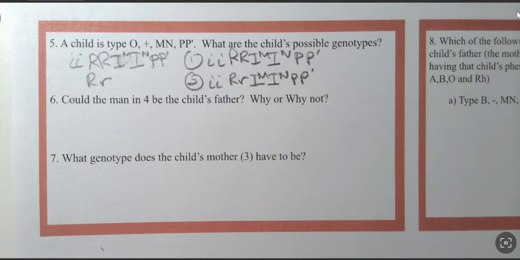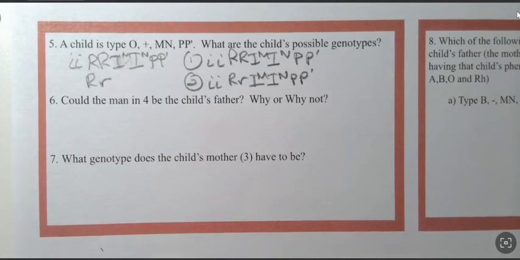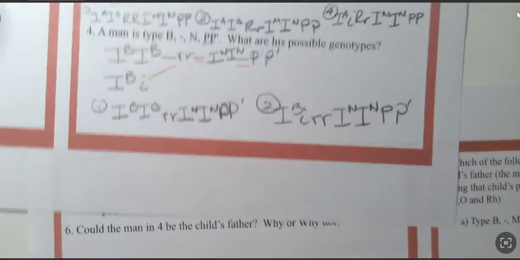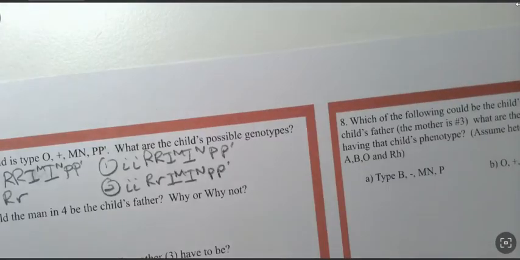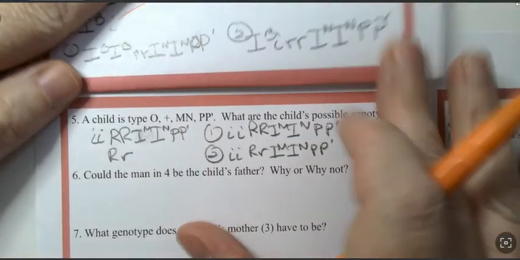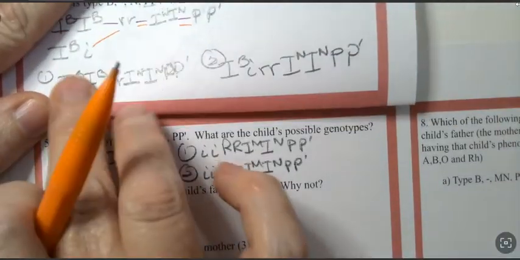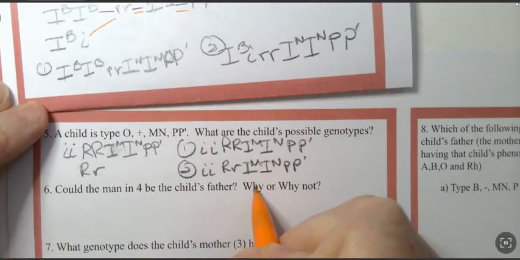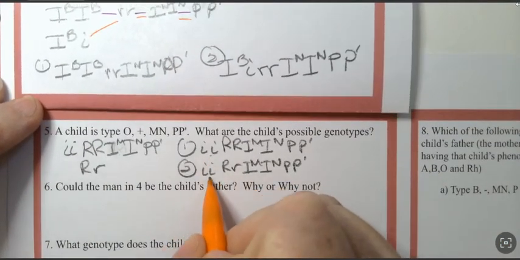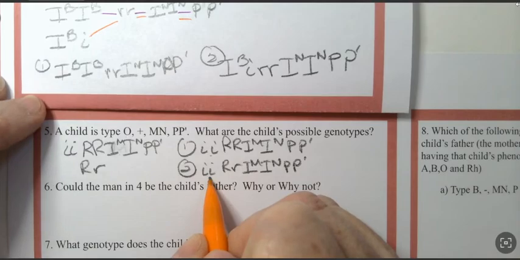Okay, could the man in 4 be the child's father? So that means I have to compare 4 and 5. So let me make this a little bit easier. So if this child is little i, that means I had to get one from mom and one from dad.